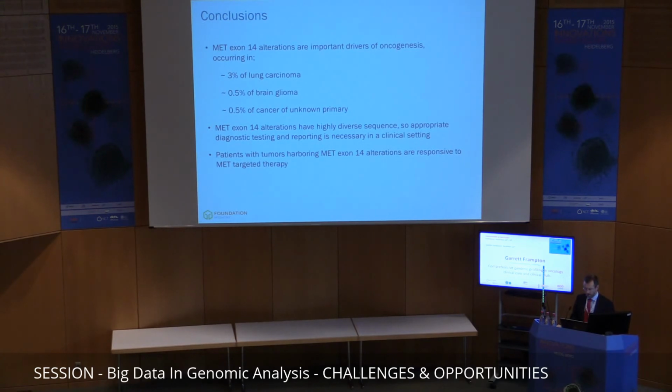So appropriate diagnostic testing is necessary for detection in the clinical setting, but simply detecting the alterations is not enough. In order for all the patients to receive the appropriate targeted therapy, these alterations need to be highlighted. Just showing the genomic coordinates of the mutation is not going to be enough for doctors. So we need to highlight in the test reports, connecting this to the relevant therapies and medical literature.